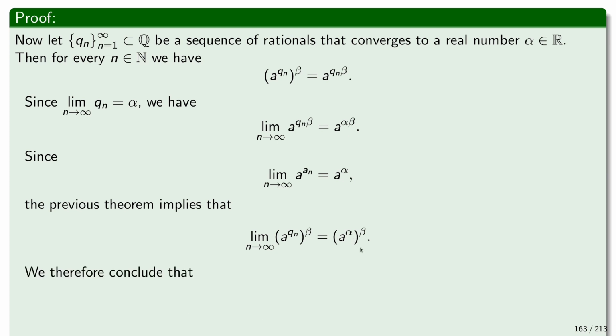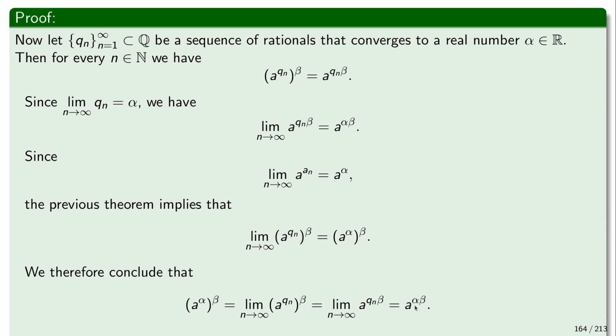So we've proved this equality. And therefore, we conclude that a to the power of alpha to the power of beta equals this limit, which, as we've proved, equals this limit. But since q_n times beta converges to alpha times beta, this limit exists and is equal to that.